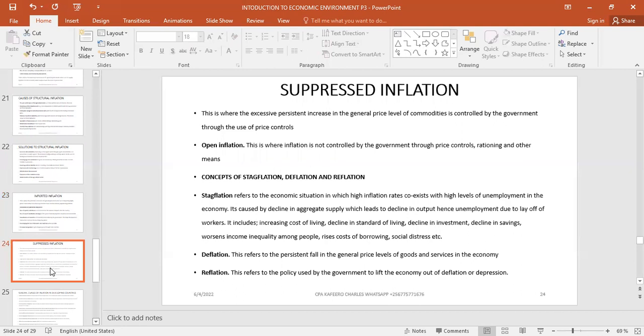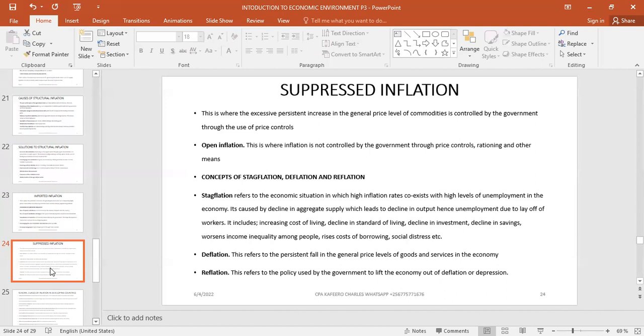This is the last classification of inflation as per the causes, and this is suppressed inflation.